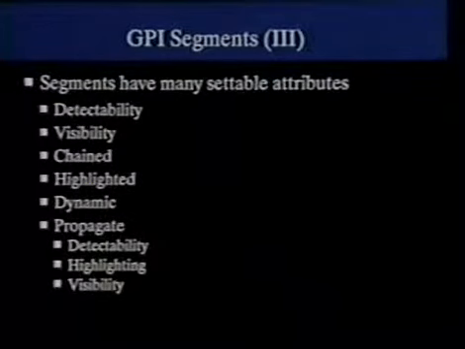They may be in the chain or not in the chain. They may be highlighted for you to interact with a human being to say, is this the segment you want? Highlight that segment. They can be made dynamic, in which case they can be picked up and dragged around at will. And finally, if segments are built hierarchically, any calls to other segments from within a segment can propagate the attributes of detectability, highlighting, or visibility.